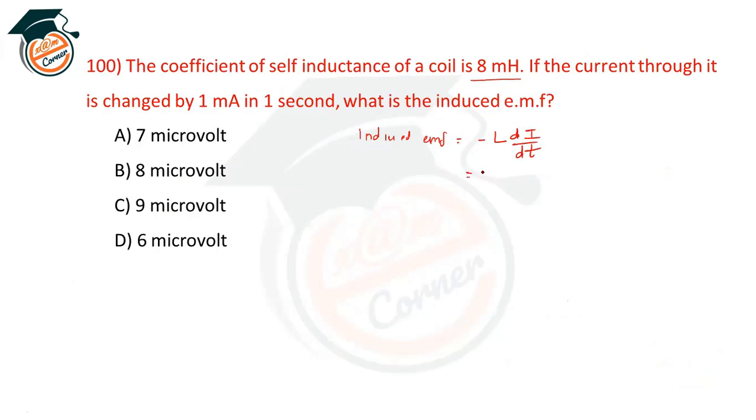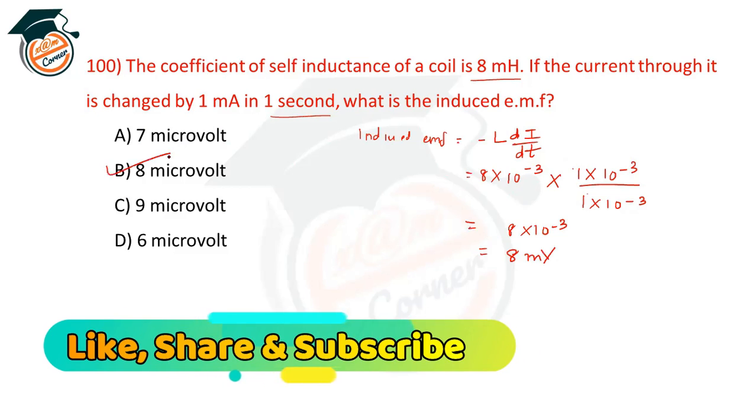This is equal to 8 mH, so 8 into 10 to the power minus 3, into I is changing by 1 into 10 to the power minus 3, and time is 1 second. So on solving, this is equal to 8 into 10 to the power minus 6, which is 8 microvolt. So 8 microvolt is the answer.